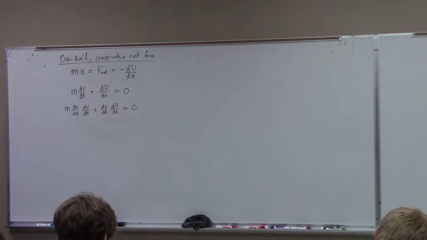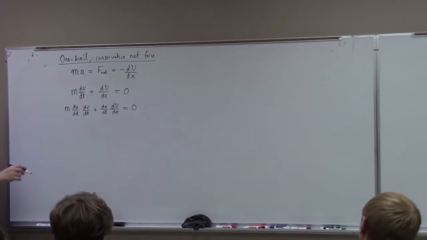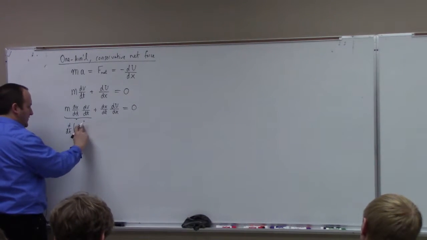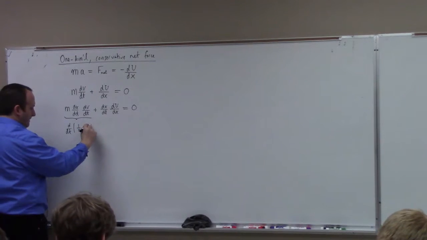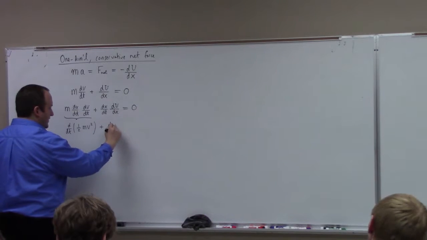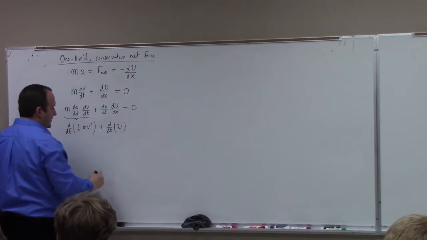All right. And then if you just tilt your head and squint, you can see that this is nothing more than the time derivative of 1/2 mv squared. And that's the time derivative of U by the chain rule.